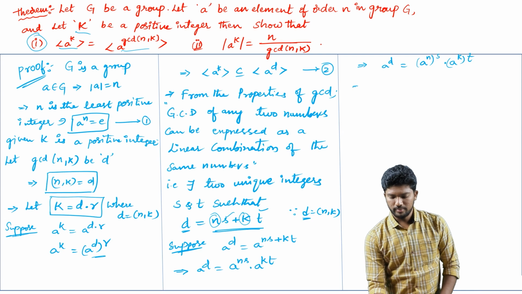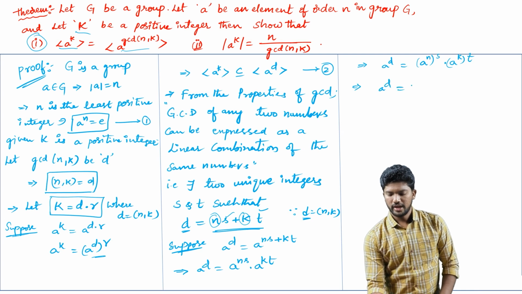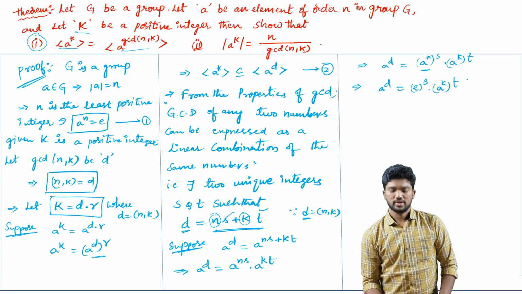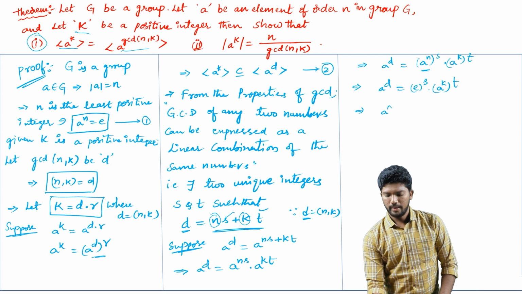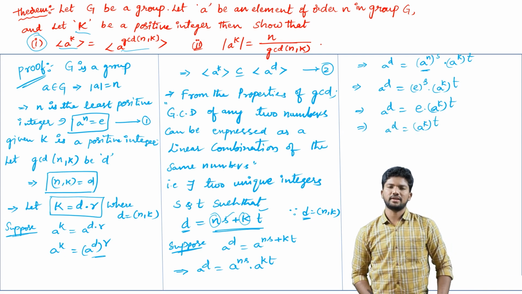Since from equation number 1 we have a^n equal to e, a^d is equal to e^s into (a^k)^t. Therefore a^d is equal to e into (a^k)^t, so a^d is equal to (a^k)^t.